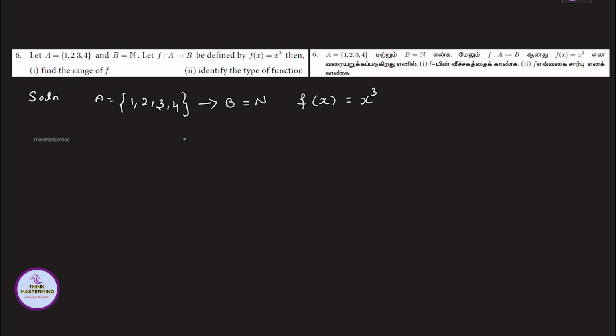So the first question is to find the range. In the previous question, the domain and codomain were infinite sets. So we proved it is 1 to 1 by taking the condition f of m1 is equal to f of m2, then m1 is equal to m2.